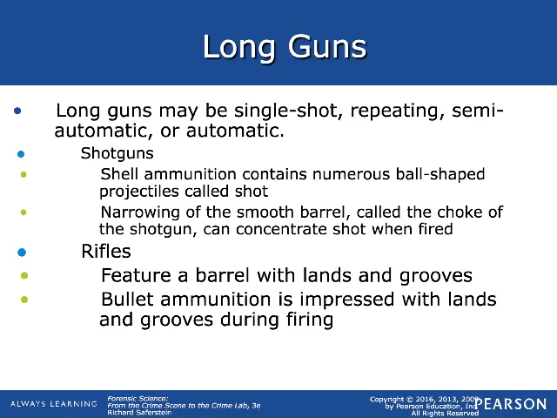Okay, now another type of firearm are long guns. Long guns have a long barrel on them, so they can be single shot, repeating, semi-automatic, or automatic. They're divided into shotguns and rifles. Shotguns use shells as ammunition, and they have ball-shaped projectiles in them, and that's the shot.